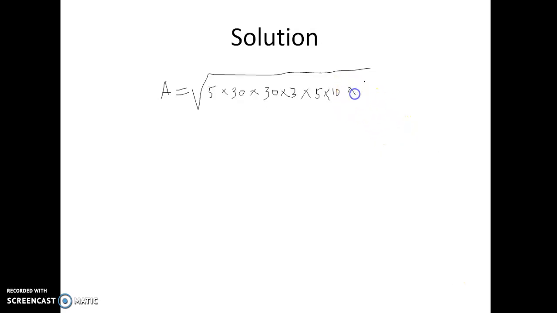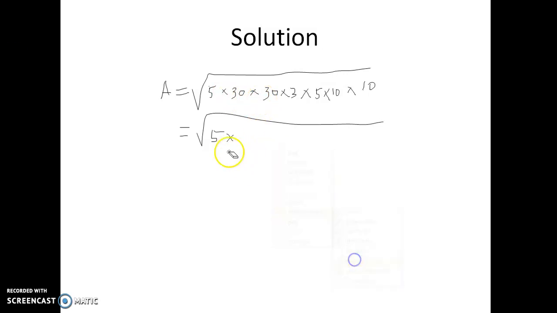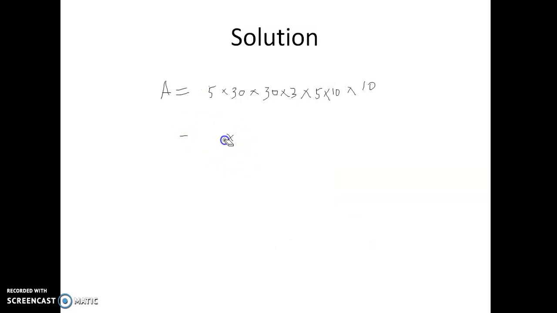So into 10. Right. So equal to square root of 5 into 30 into 30 into 3 into 5 into 10 into 10. Here 2 thirties are there, so we can take out one 30.